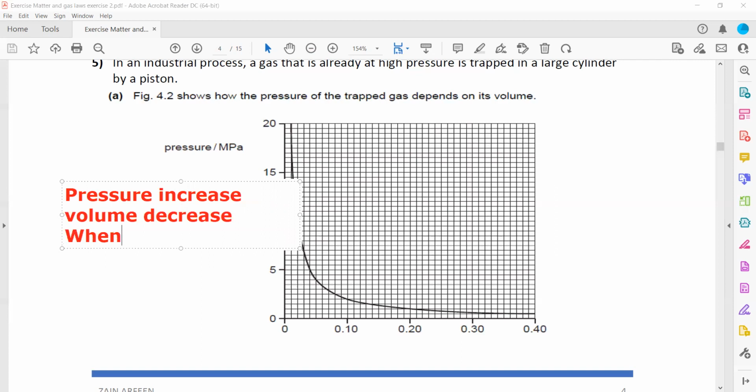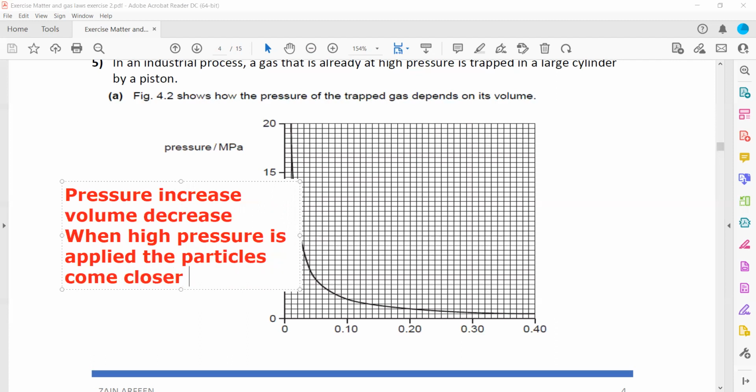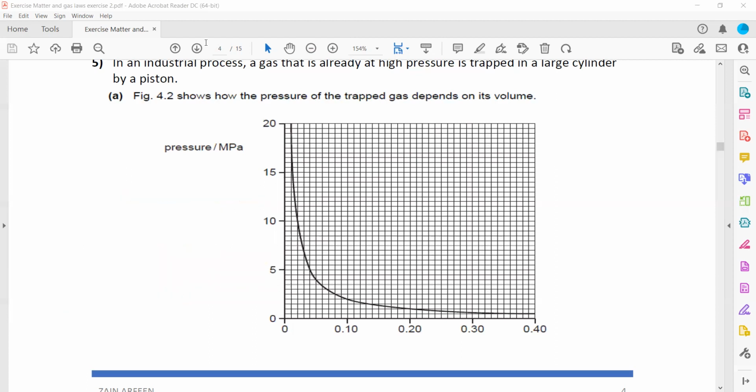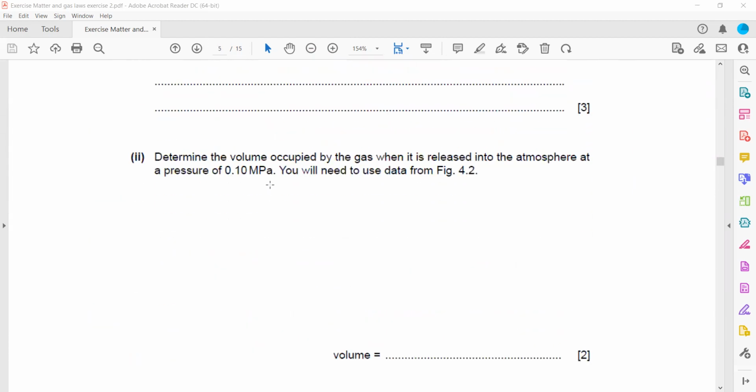When high pressure is applied, the particles come closer to each other, which reduces the volume. So that's the relation between pressure and volume, which is also known as Boyle's law.